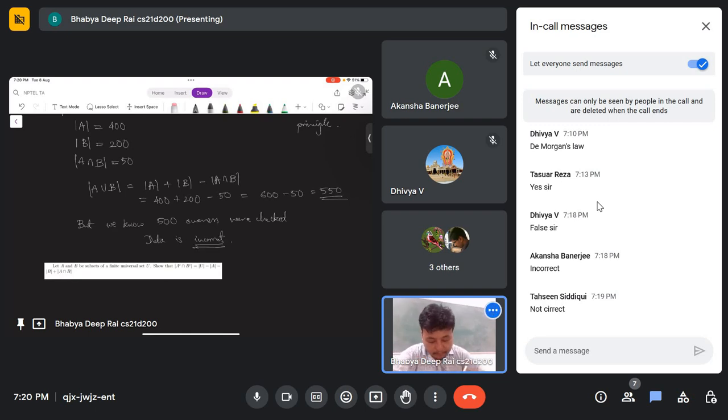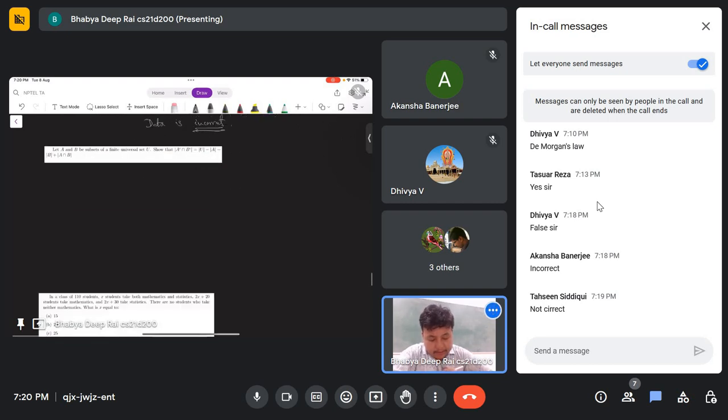Okay, good. So another question. Let A and B be subsets of a finite universal set.